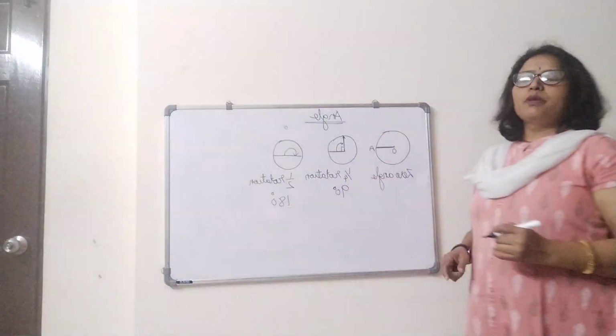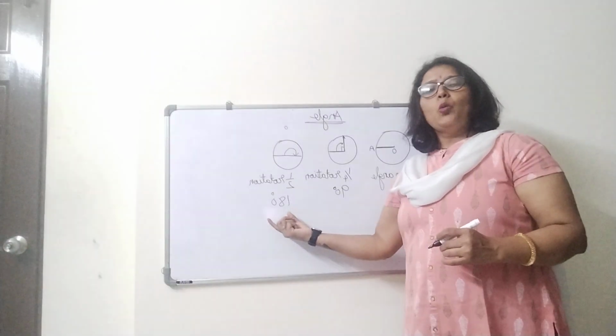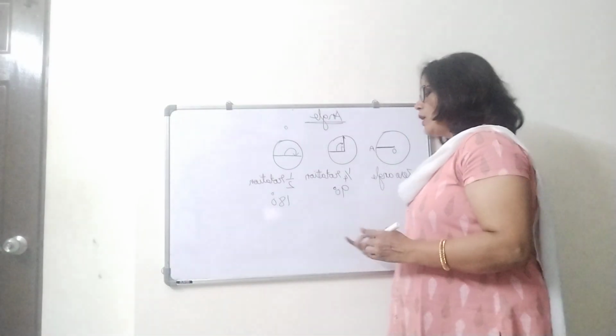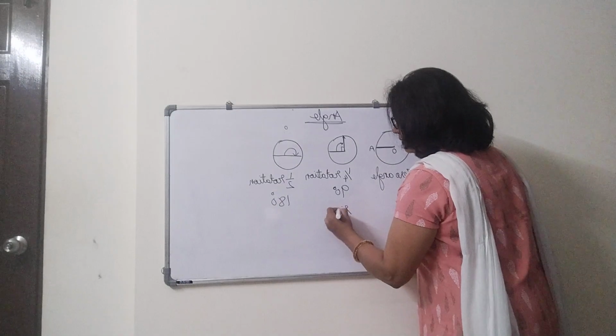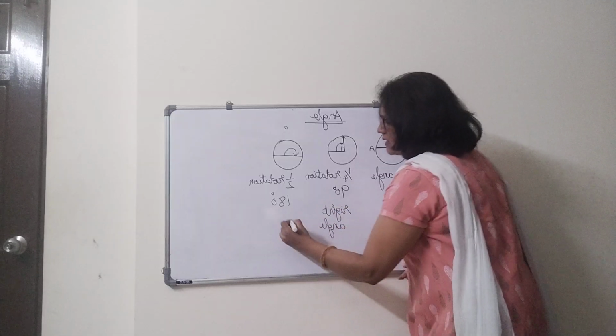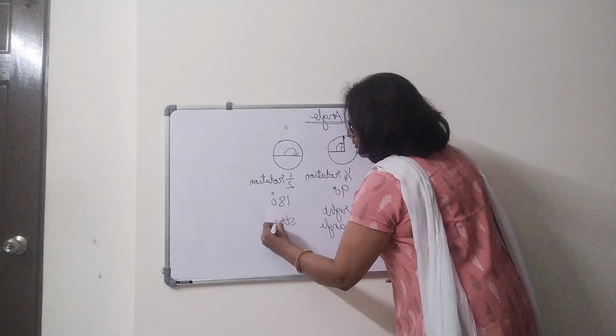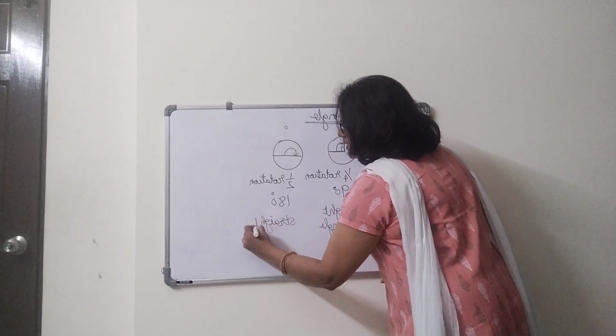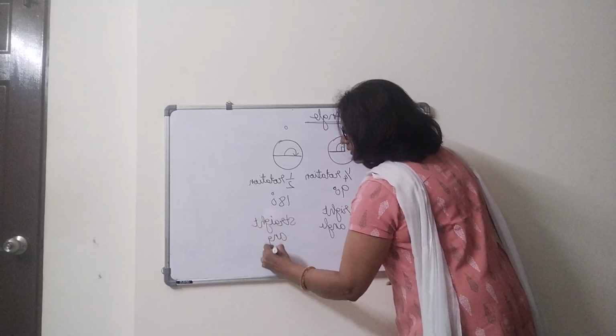The half rotation means the angle formed is called a 180 degree angle, or we call it a straight angle. When the 180 degree angle is formed, it is called a straight angle.